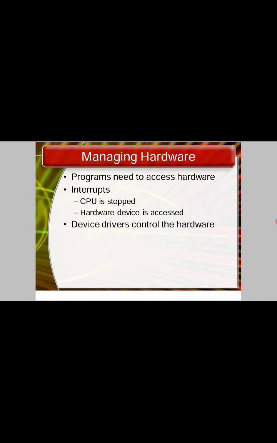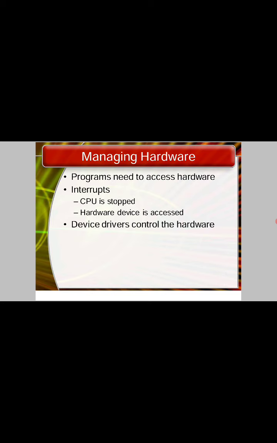Next one is managing hardware. Generally operating systems are used to manage all the hardware connected to a system. Means initiating hardware like keyboard, mouse, printers, running hardware, troubleshooting hardware, error detection and troubleshooting techniques, and interrupts.